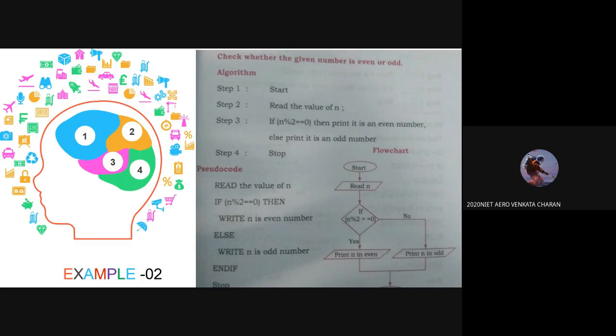Yes, sir. If I am a user and I give the n value as 2, you will give me the answer that the number is even, and if I give the value as 3, you will give the answer that the number is odd.